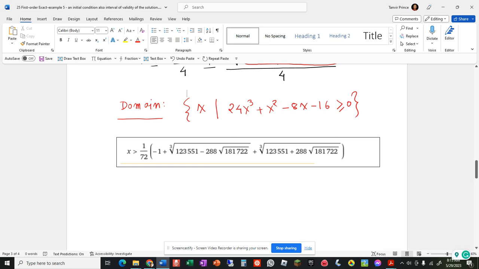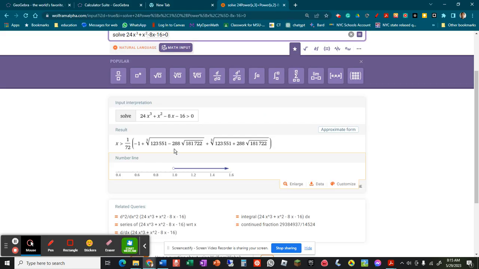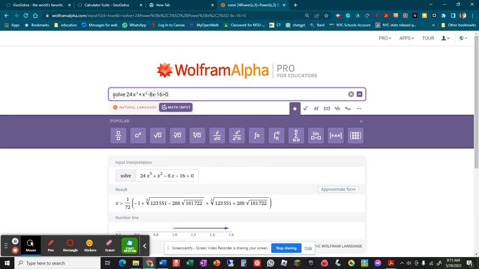But we want some decimal approximation just to make more sense. We don't have any idea what that number is approximately equal to, right? So let's ask Wolfram Alpha to give us an approximate value. For that, you can enclose this in the function capital N. Capital N represents a numerical solution.